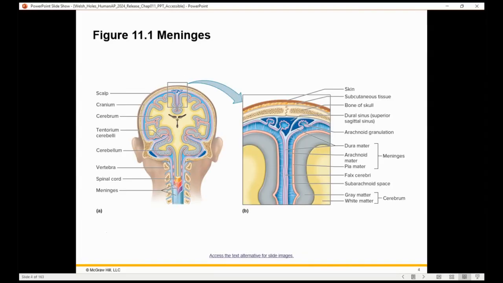Okay, and this figure shows you the meninges. Again, going from out to in: dura mater, arachnoid mater, pia mater. And notice that these meninges go all the way down the center of the hemispheres of the brain.